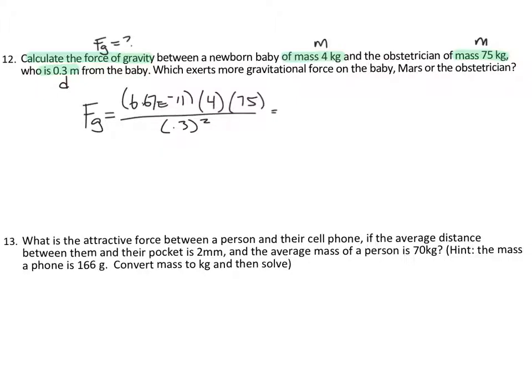Okay, again, this problem is already rearranged to solve for Fg. All I need to do is type this into the calculator, and when I do that, I get a force between those two of 2.22, and I'm rounding again to the second decimal, times 10 to the negative 7 newtons.